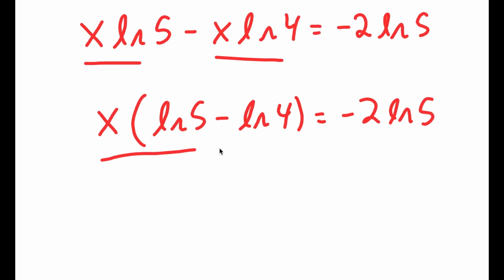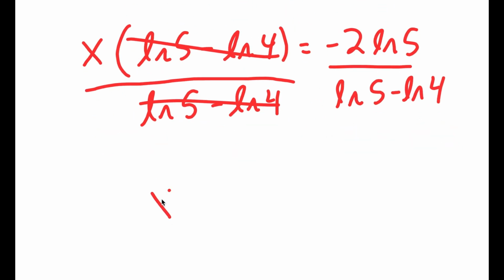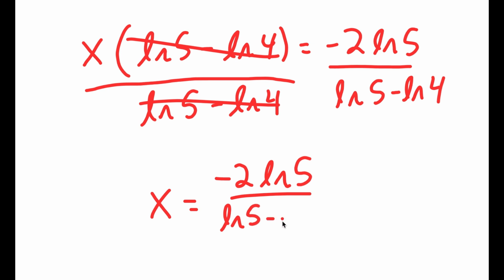And now from here, I can divide both sides by ln 5 minus ln 4. So these two cancel out, and I get x is equal to negative 2 times ln 5 over ln 5 minus ln 4.